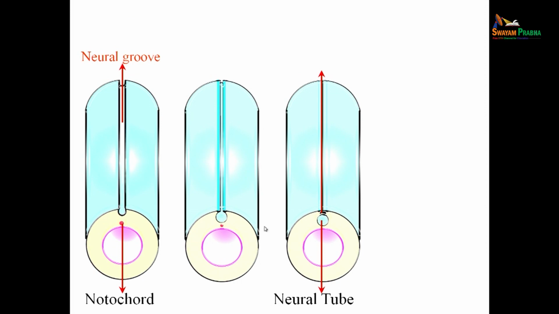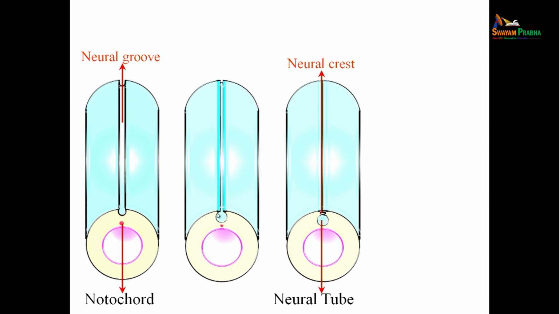If this is a cut section, you can see that the neural tube is lying separated from the ectoderm, but you can still see some cells between the neural tube and the ectoderm. That is a group of cells derived from these folds.